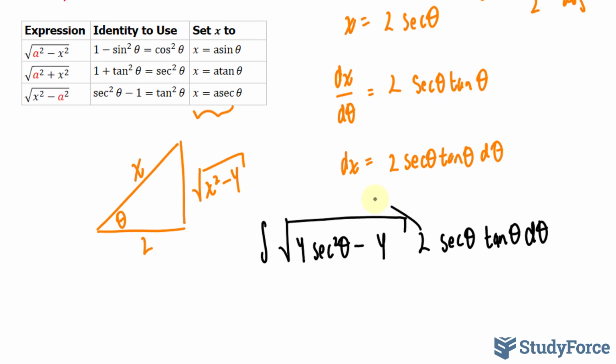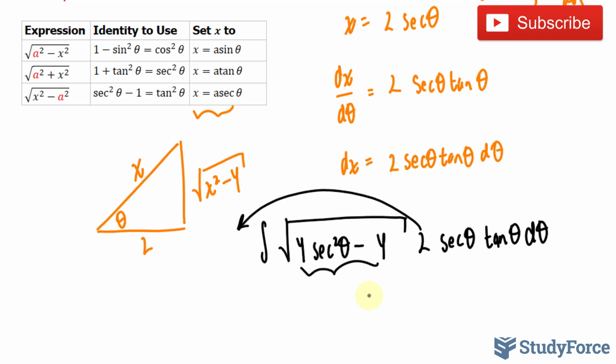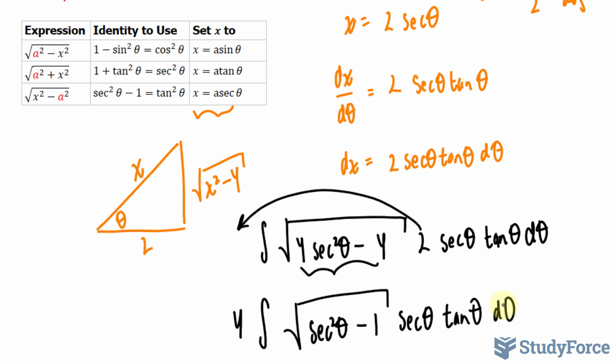Following this, I'll take this 2 outside the integral and factor out a 4 here. If I factor out a 4 from these two terms, I'll end up with the square root of 4, which is 2, and I can pull that 2 out as well, giving me 4 times the integral of the square root of secant squared theta minus 1, times secant theta tangent theta d theta.